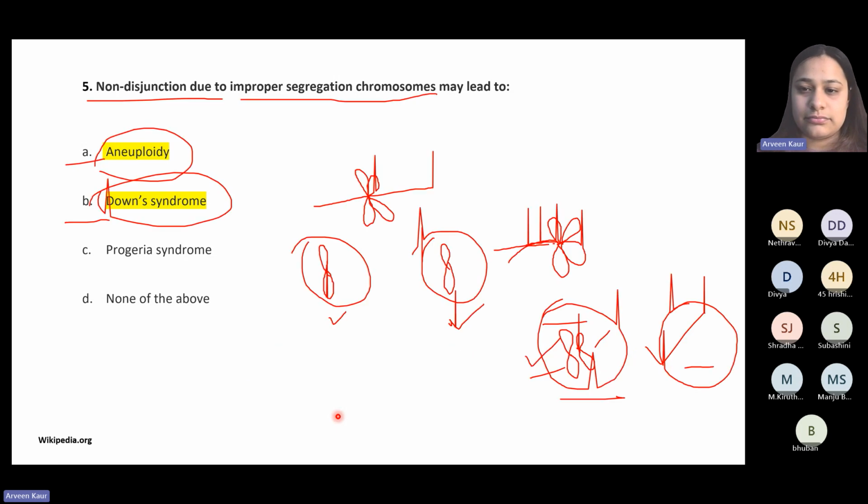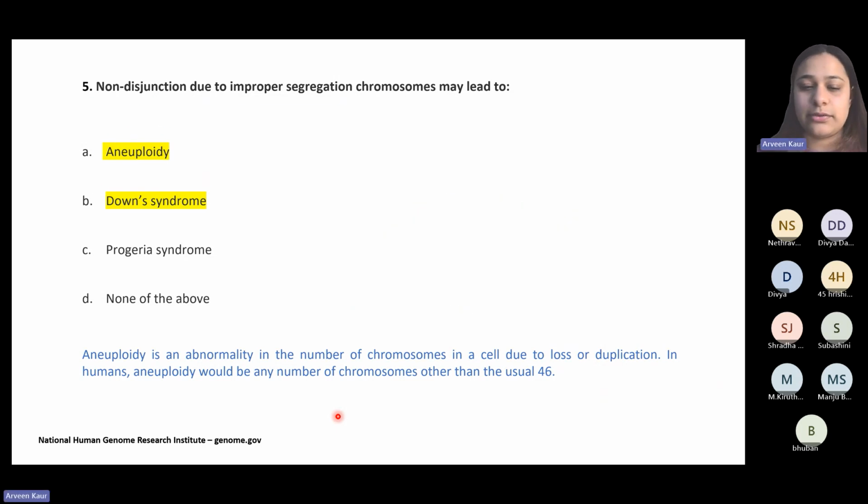The link was for that picture. Yeah. So aneuploidy is an abnormality in the number of chromosomes in a cell which is due to loss or duplication, right? In humans, for example, aneuploidy would be any number of chromosomes other than the usual 46.